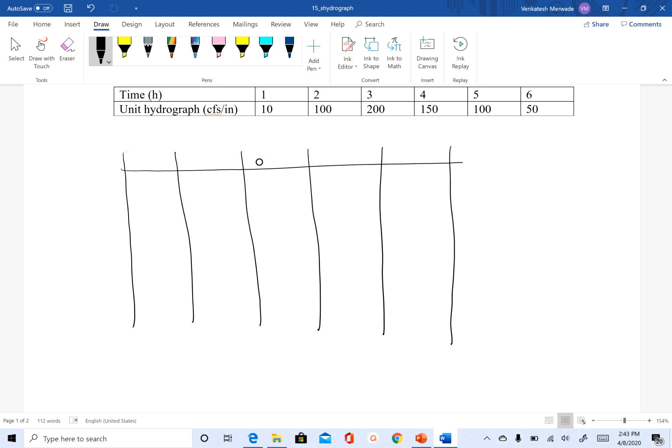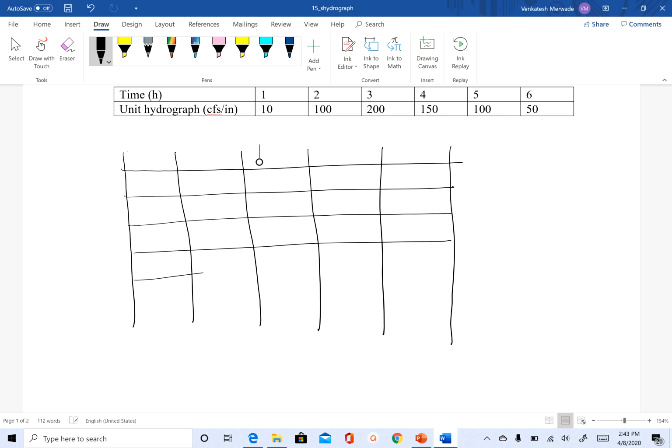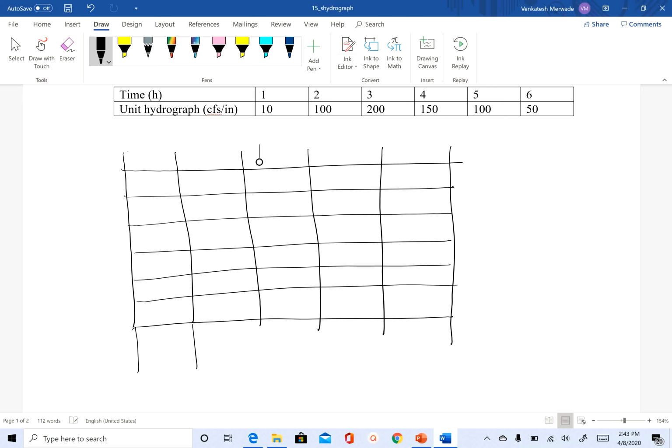So we have 1, 2, 3, 4, 5, 6: first row, second row, third row, fourth row, fifth row, sixth row. We are going to need some additional rows, so I'm going to add 3 more.